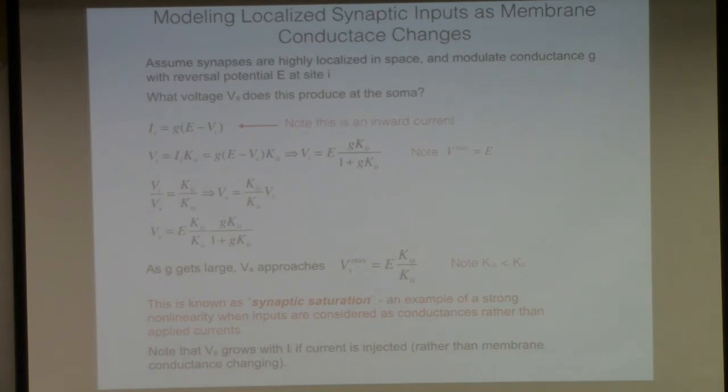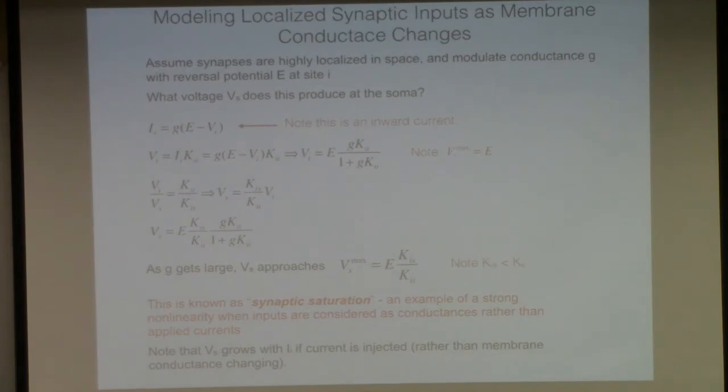And so this is the input resistance looking into the dendrite at the site where the synaptic conductance change is applied, right? There's some current generated, we've got that equation. So that current times the input resistance equals the voltage at that same location, right? So if you bring down this expression for current and plug it in, we can then solve for voltage at location i. It has this form.